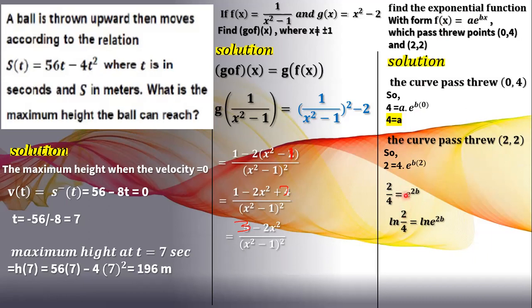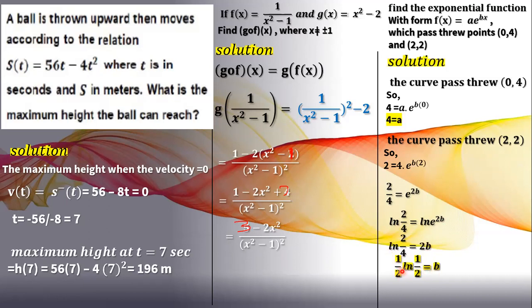When we want to get rid of e, we have to take ln, the natural logarithm, of both sides. ln of 2 over 4 equals 2b. Divide by 2. 2 over 4 is 1 over 2. Dividing by 2 is the same as multiplying by the reciprocal, 1 over 2.